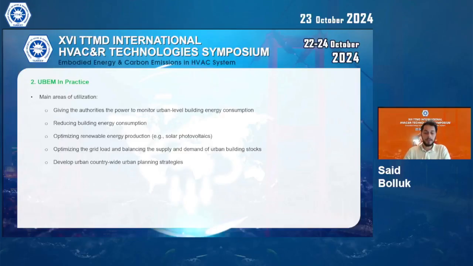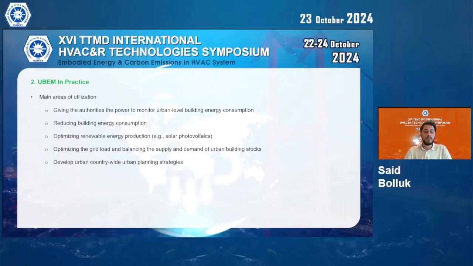This ability helps reduce building energy consumption through retrofitting, and this retrofitting could be either upgrading the HVAC systems, adjusting the building envelope's thermophysical features, or adjusting the operational schedules. Also, UBEM can assess the potential environmental and economic returns of photovoltaic and other renewable energy production.